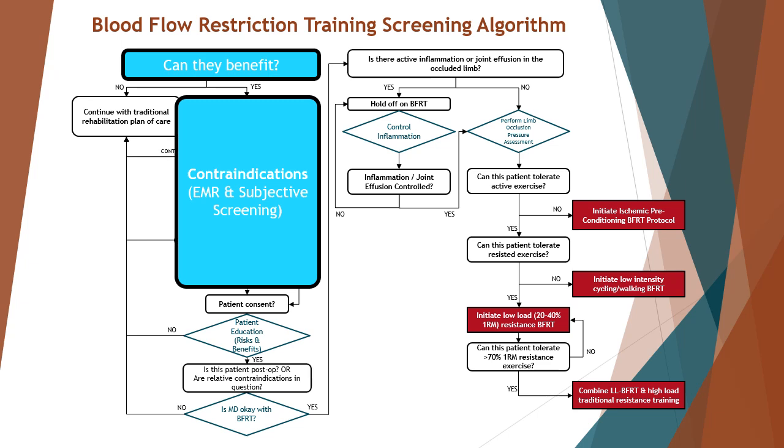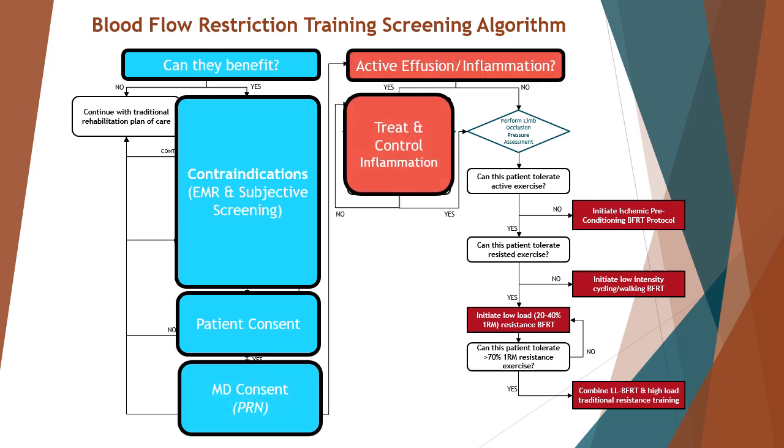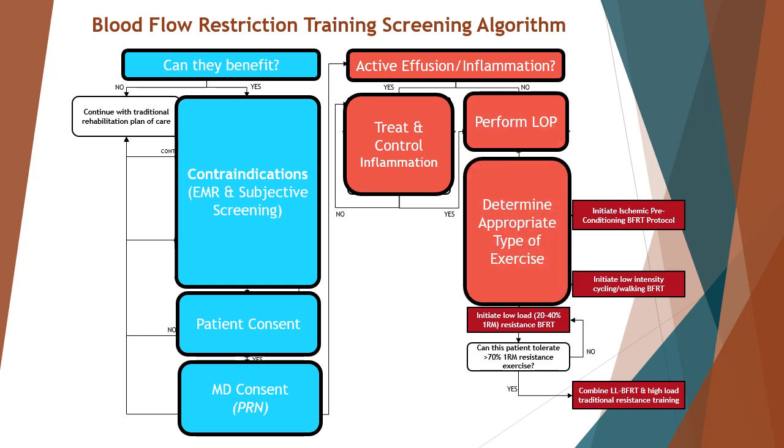What are their contraindications with the electronic medical record and subjective screening? Getting the patient's and the physician's consent, controlling your effusion and inflammation, treat and control that first, then perform your LOP, and then determine your appropriate type of exercise and apply it effectively given the parameters and the progressions that have been described in this part 3.